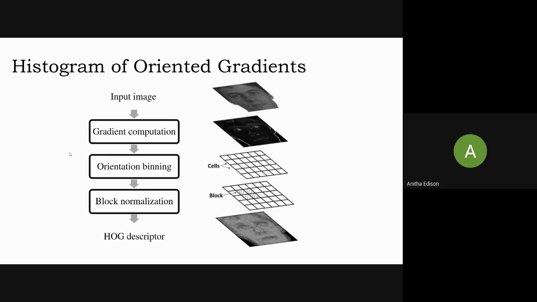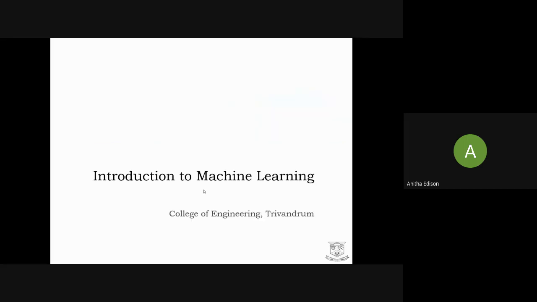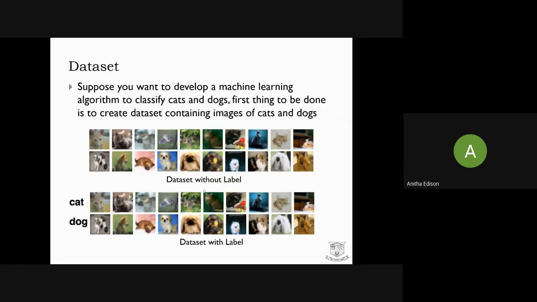I've just talked about some examples. Once these handcrafted features are extracted, we have to use machine learning algorithms to learn from them. So we'll see some prominent machine learning algorithms.